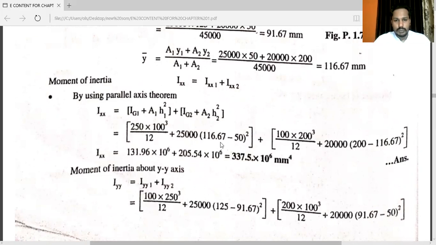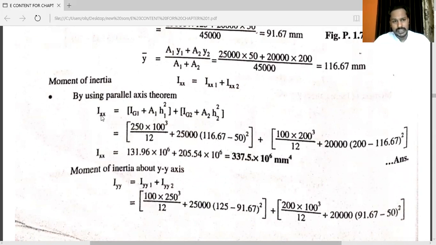See, but larger value minus smaller value, otherwise the answer will be negative. There is no problem because the bracket is raised to square, so automatically you will get the positive value. But while putting in the calci, put the higher value first.